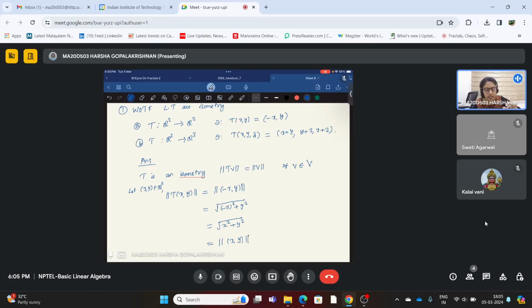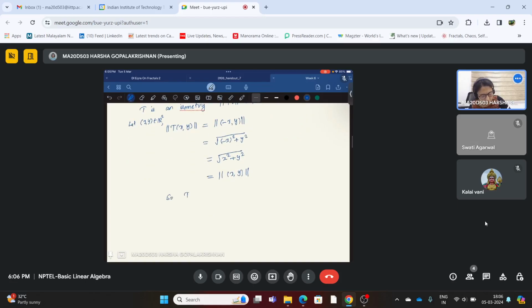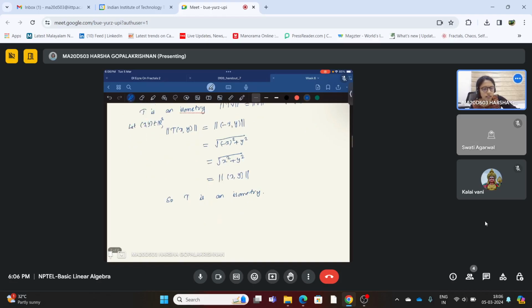So we are starting with some point (x, y) in R2 and we found that norm of T(x, y) is the same as norm of (x, y). Is this clear? So T is an isometry. Is this fine for everyone? Any doubt? Is this okay?